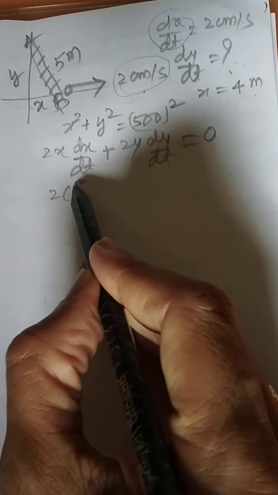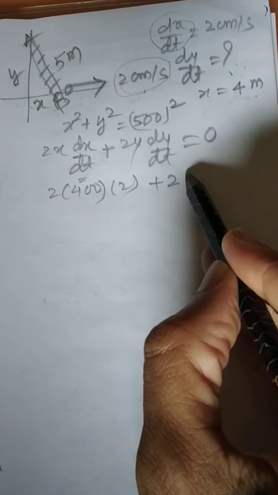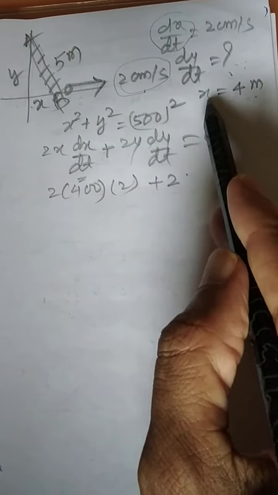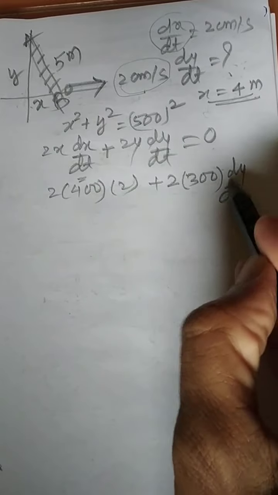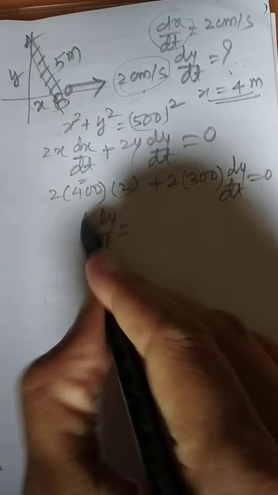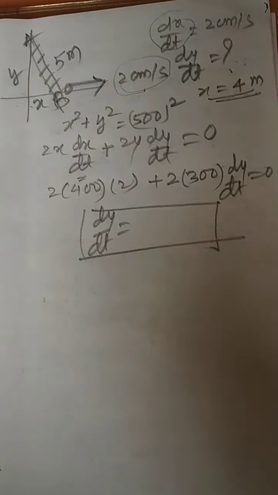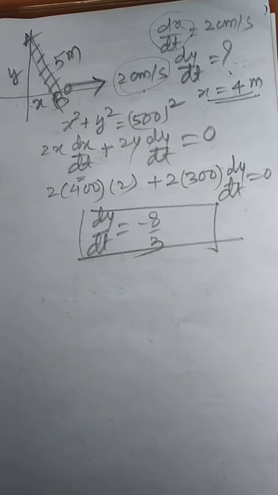No, it will be 400, and the 2. y is unknown, but whenever x is equal to 4, you know that the y value will be 3, and you will get dy by dt. Just simplify and find dy by dt. Getting minus 8 by 3.